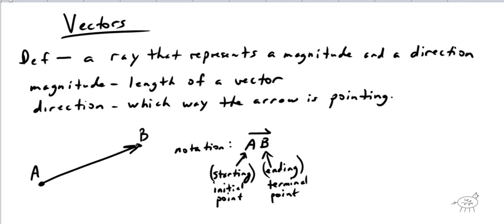We can also label it. It's not as typical, but we can label this as vector x. So the notation is AB or x, and this is okay, but it's not as descriptive. But we'll be using that as well. So far so good.